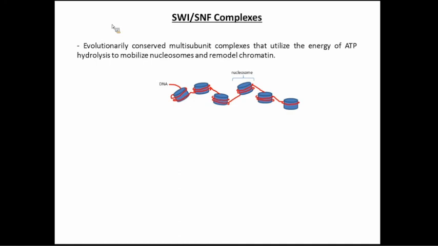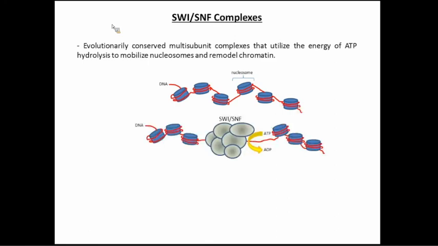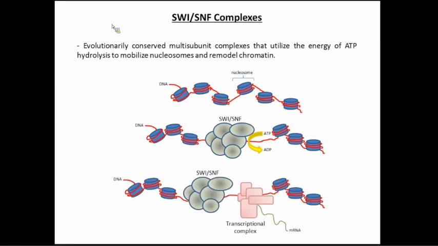So the areas of the genome that are available for transcription are those intervening sites that are not actually compacted in these nucleosomes. So what SWI/SNF essentially does is that when it enters into these areas, it is able to disrupt this nucleosome organization, open up chromatin, and allow transcription factors to access.